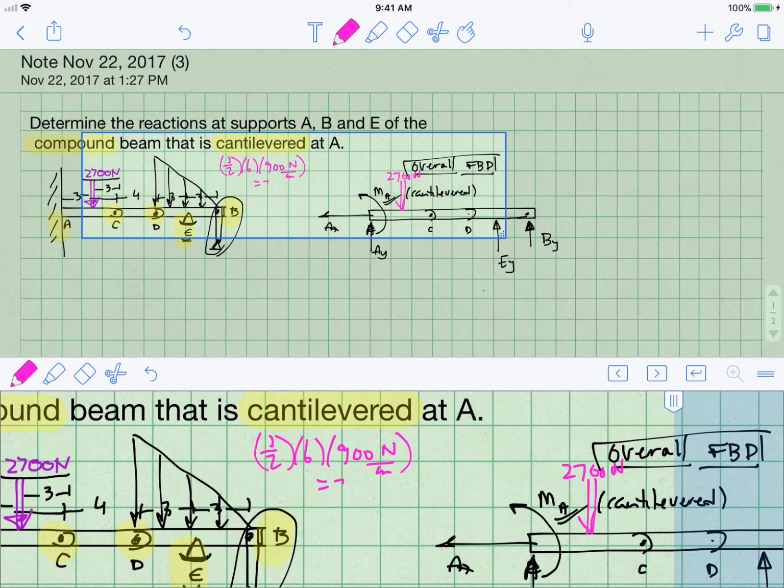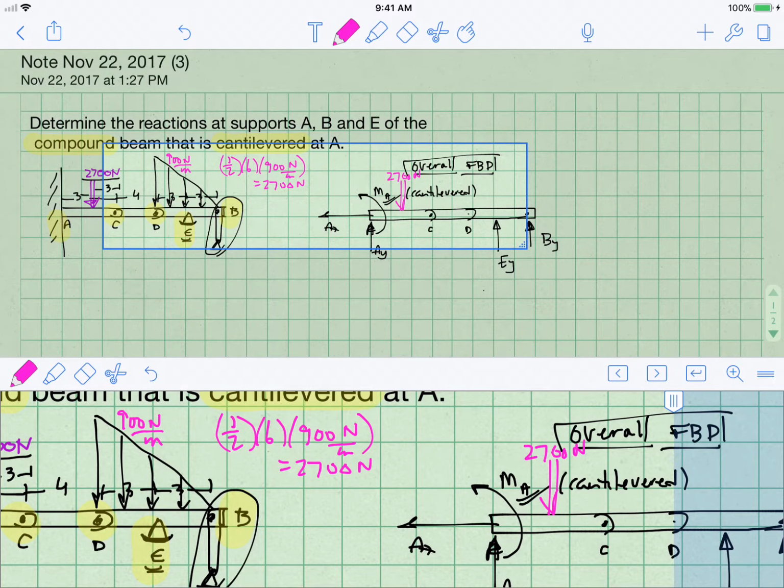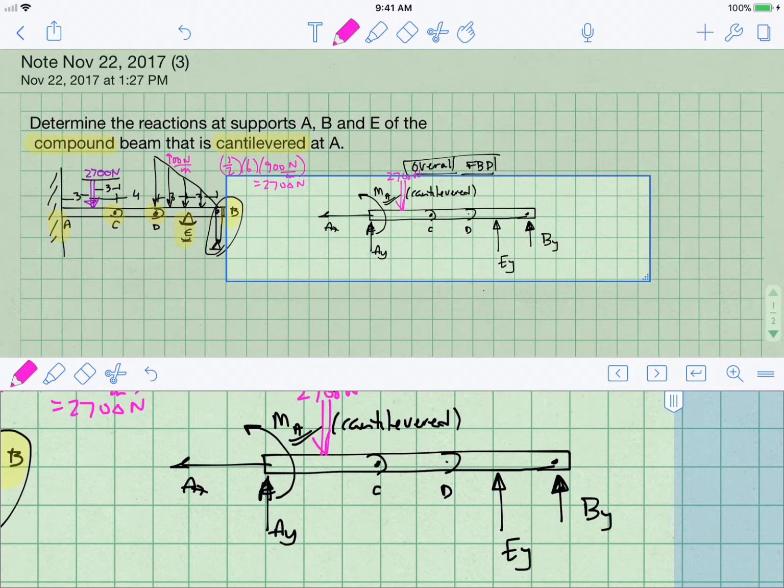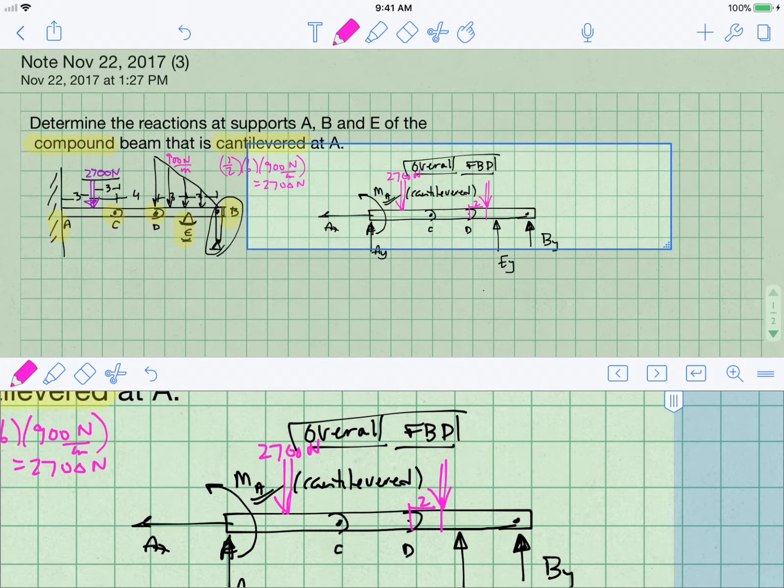That is equal to 2,700 newtons as well. So we can replace that distributed triangular load with a point load located 2 feet to the right of point D. Right here, if this distance is 2 feet, that's where I would put my 2,700 Newton load.